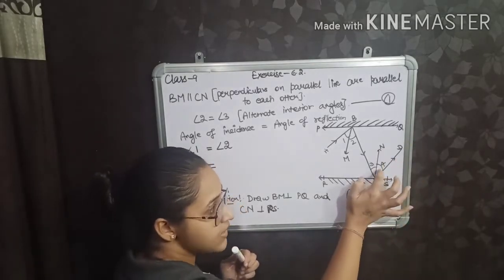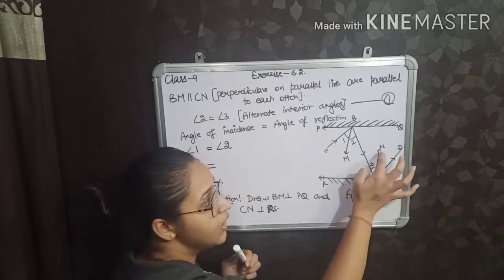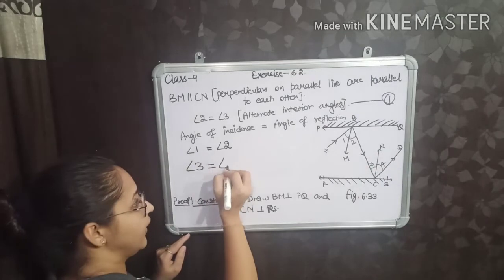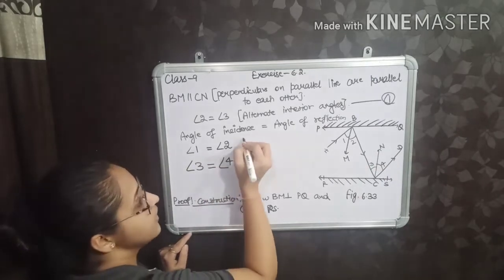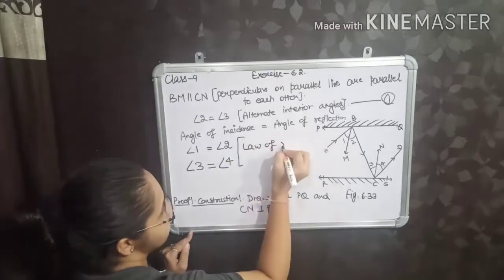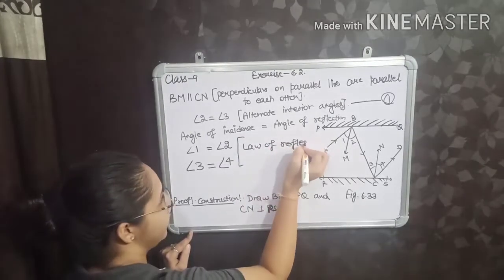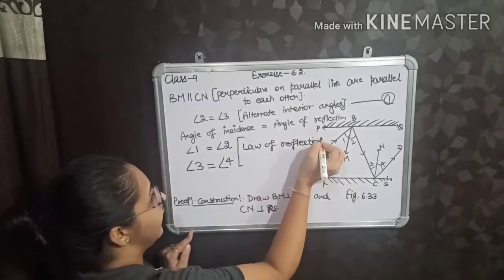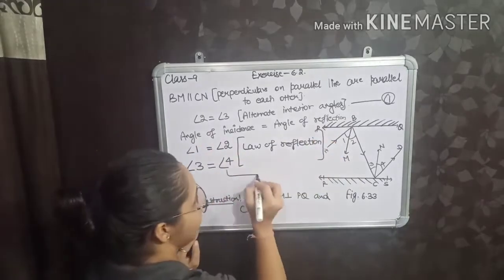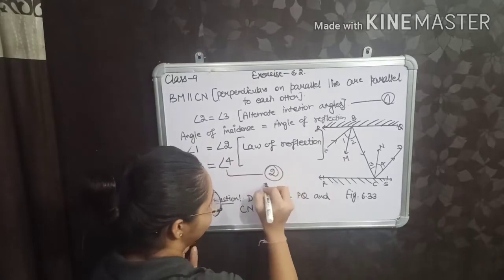So angle 4 is the angle made between the normal and the reflected ray. So angle 3 is equal to angle 4. This is the law of reflection, and these two equations are named as equation 2.